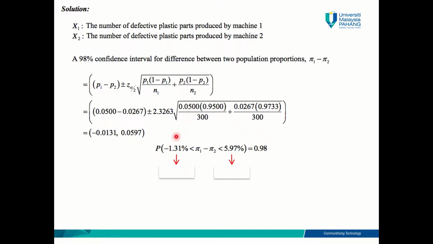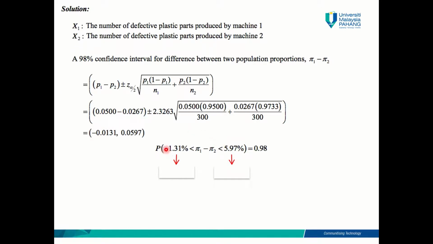Now let's try to understand the negative and positive value in this lower and upper boundary. Now remember class, when you're talking about the differences, the confidence interval for the differences, the negative and positive sign in your confidence interval has a certain interpretation. So try to recall chapter 2.3. The interpretation here is similar to the one that I have explained to you in the class for chapter 2.3.